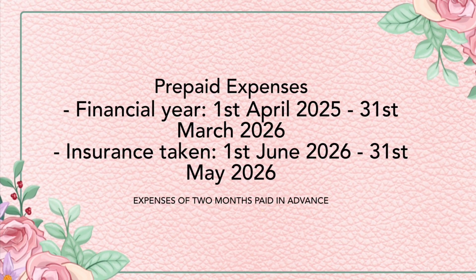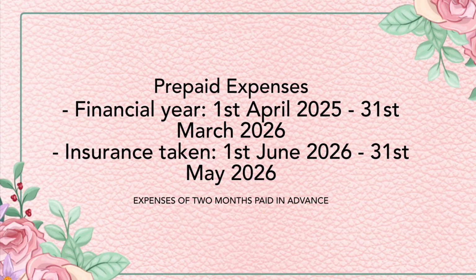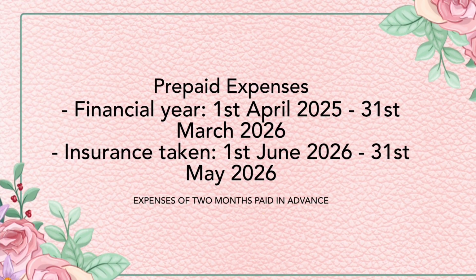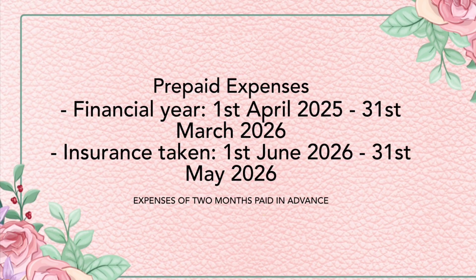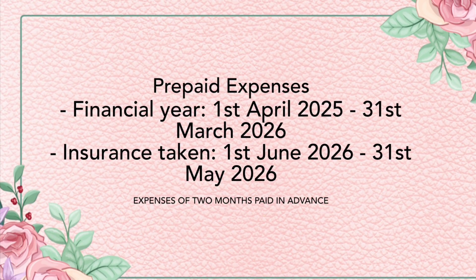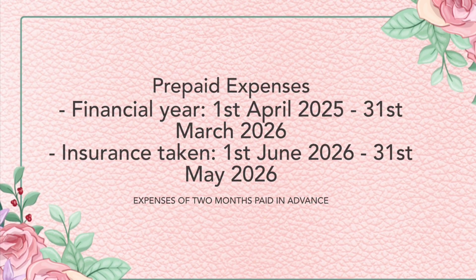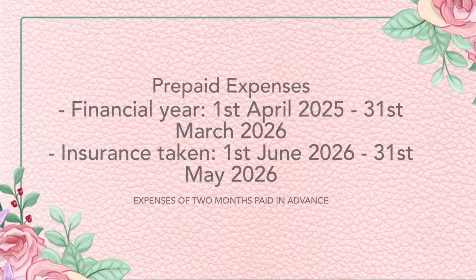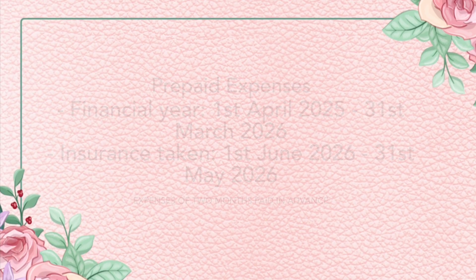His insurance policy, started in June, will end by 31st May 2026. Now, the financial year closes on 31st March. So, the expense of April and May 2026, these 2 months, is paid in advance, so this particular amount is covered under prepaid expenses, which is a current asset.